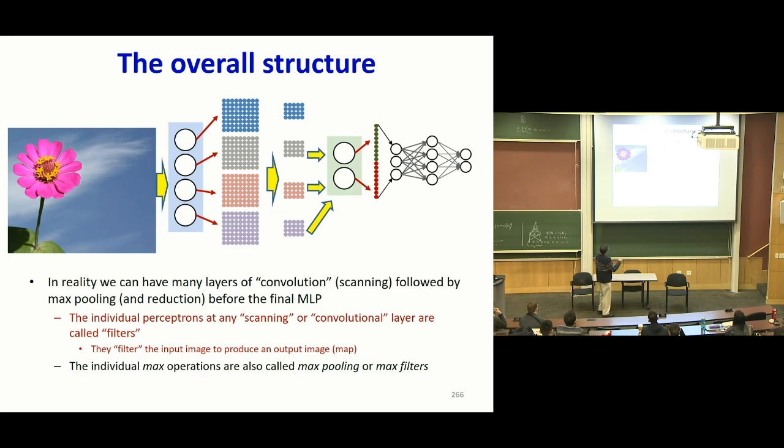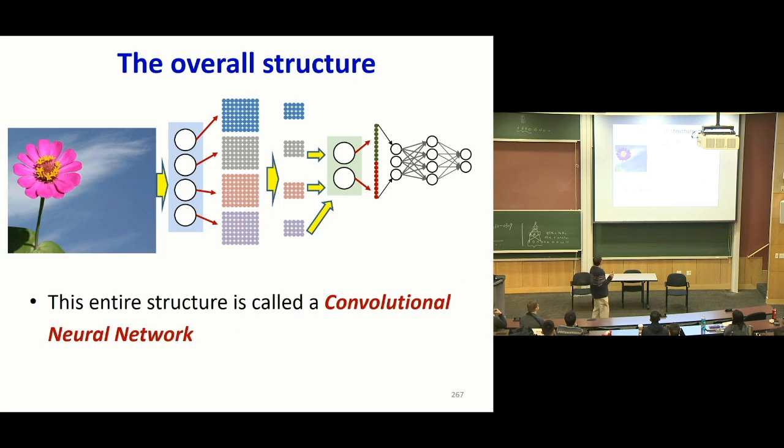The individual max operations, just terminology in case you run into it, are called max pooling or max filters. Whenever we think of these scanning networks, we talk of our perceptrons and neurons as filters, borrowing terminology that electrical engineers like to use. And this entire structure is the popular convolutional neural network.